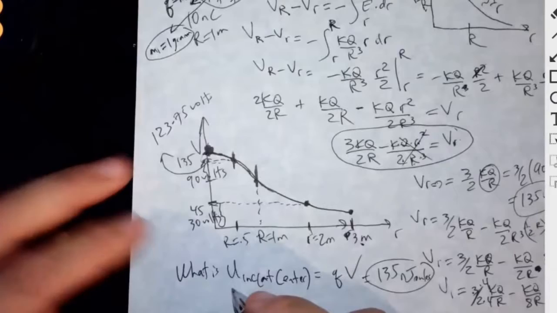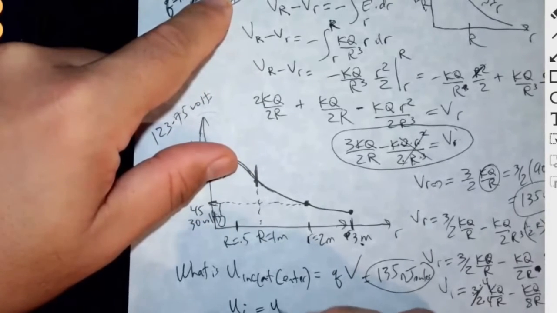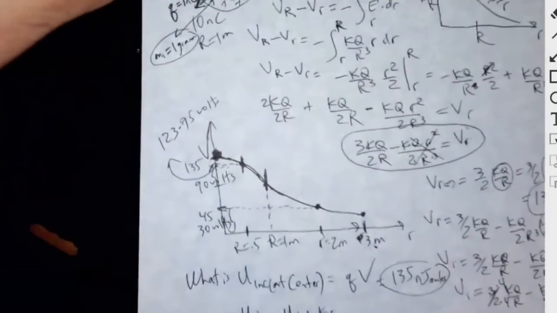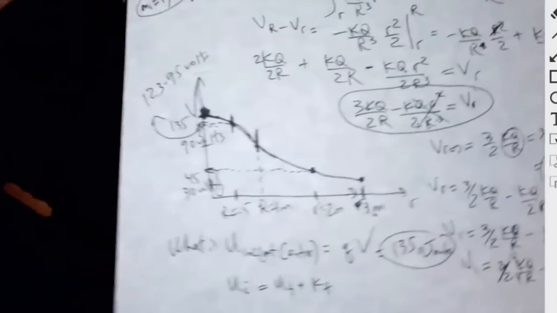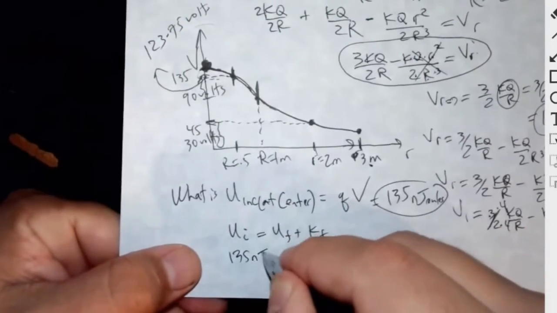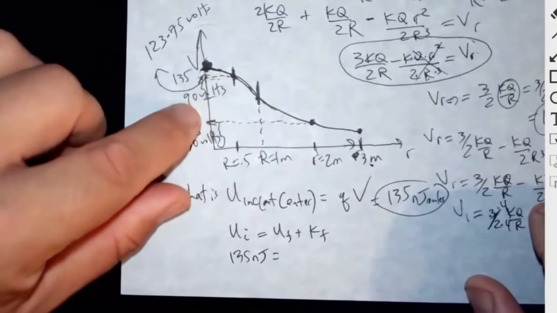Okay, so then I would say the initial potential energy that it has is equal to the final potential energy plus the final kinetic energy, right? The initial potential energy is 135 nanojoules. Now if it's traveled halfway, what is its potential energy?